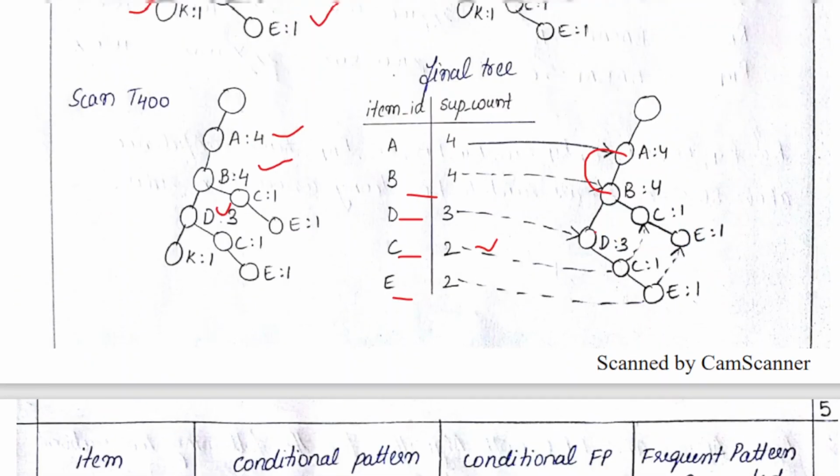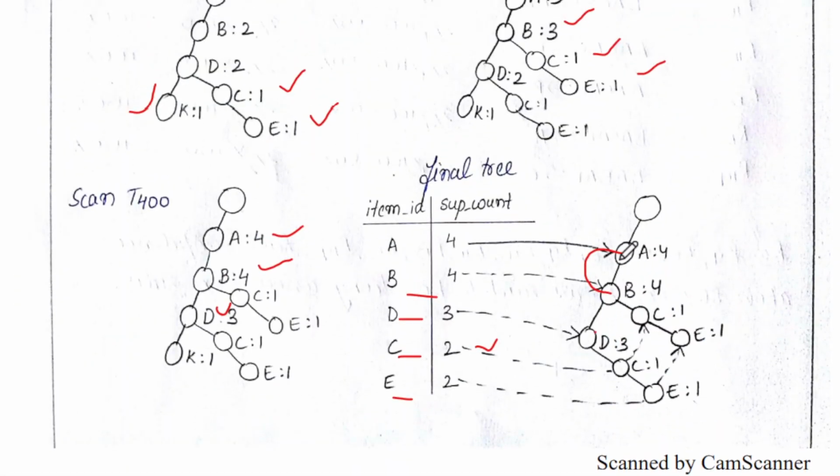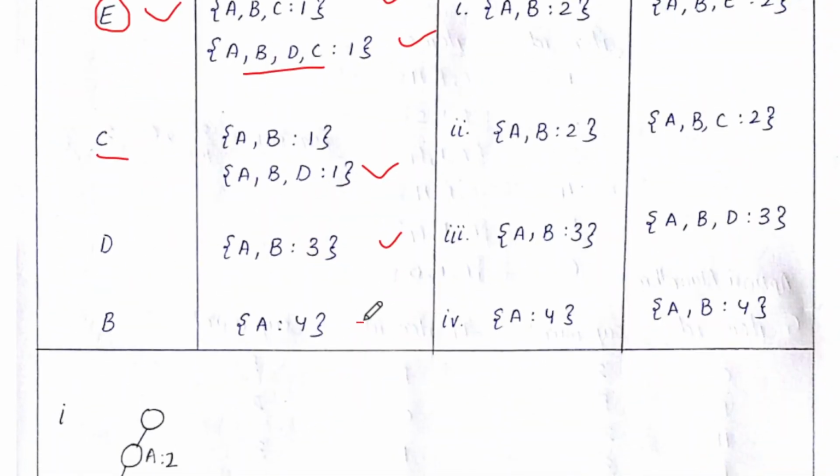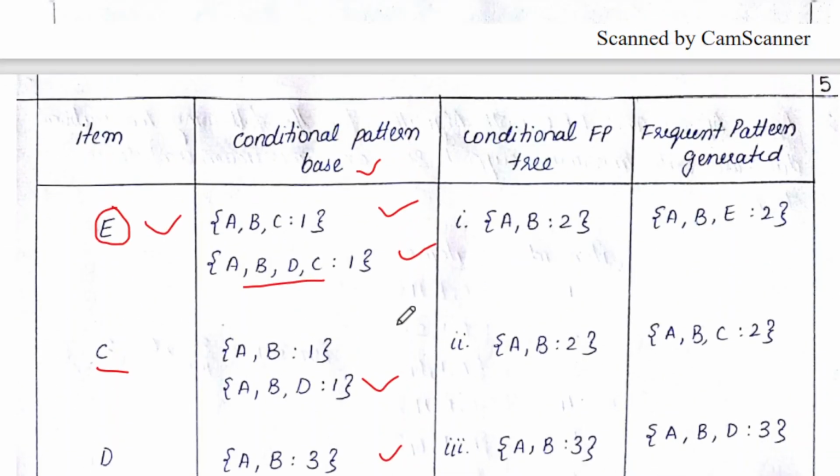And for B, how many paths are there? Obviously only A will be there, so only one path. So this is the way to write the conditional pattern base. We write the paths by which your item will be reached, and only that particular path is written in the conditional pattern base.